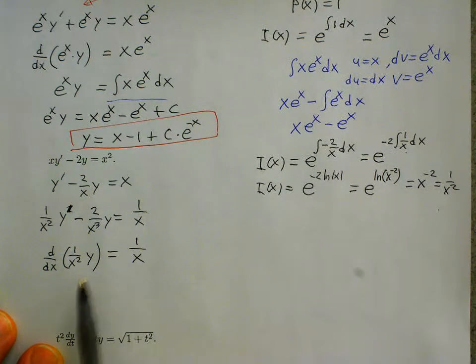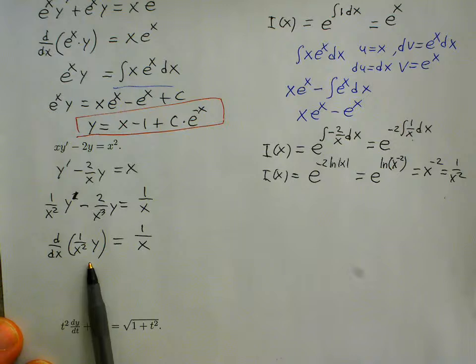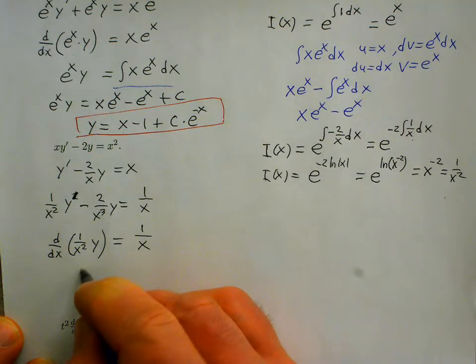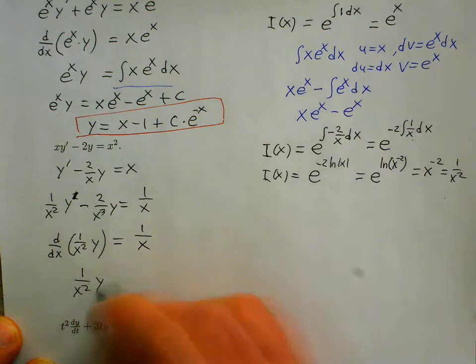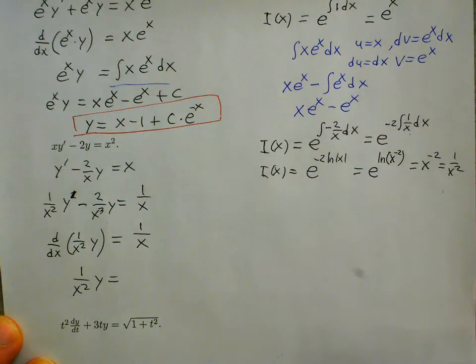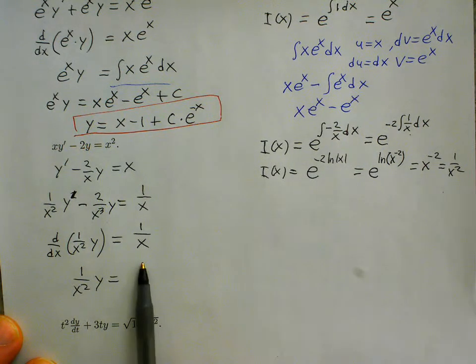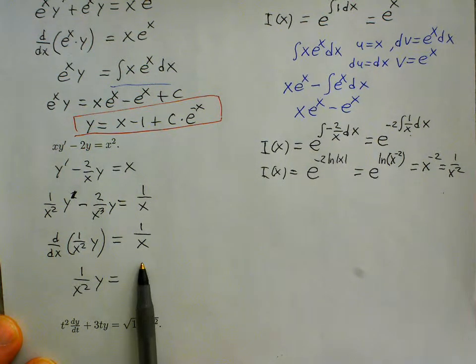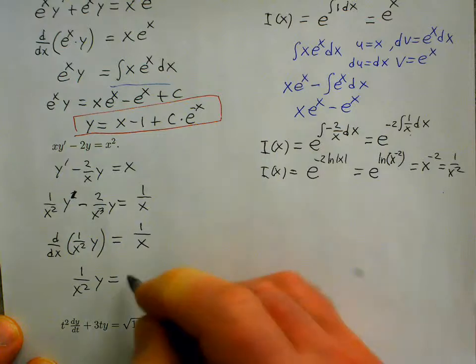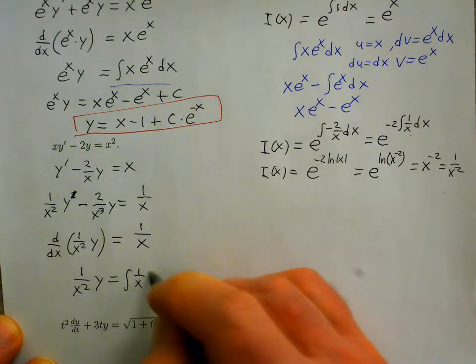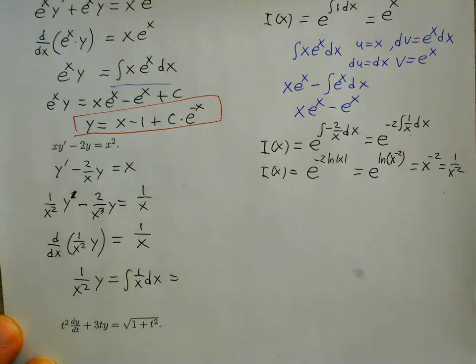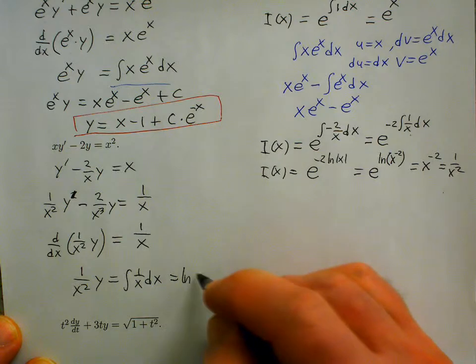When we integrate the left-hand side, since it's the derivative, we just get the function 1 over x squared y. And the integral of 1 over x dx is the natural log of the absolute value of x plus a constant.